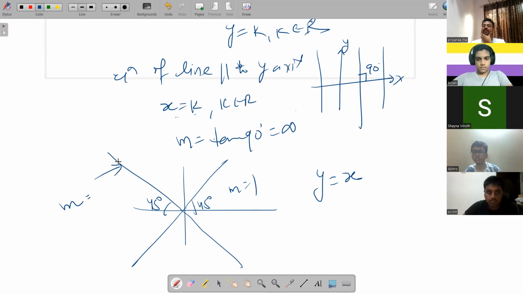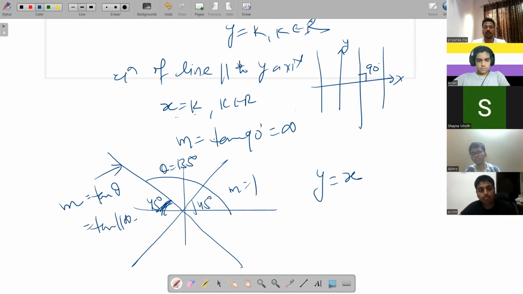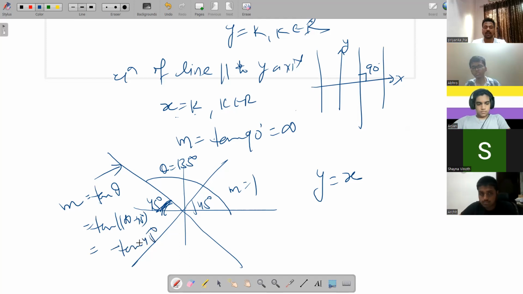Aryan, tell me, if this line makes 45 degrees, this angle is 45 degrees, then what will be the slope of this line? Slope is tan theta, and theta is the angle made with the positive x-axis. So this theta should be 135 degrees, 180 minus 45. So tan of 180 minus theta is minus tan theta, that is minus tan 45, which is minus 1. So slope is minus 1.